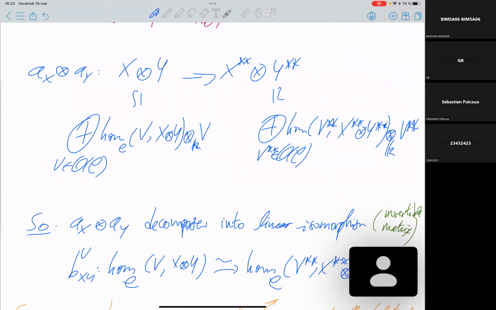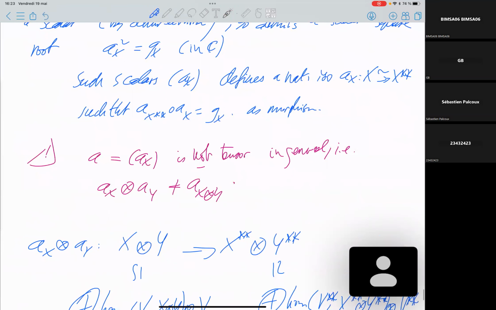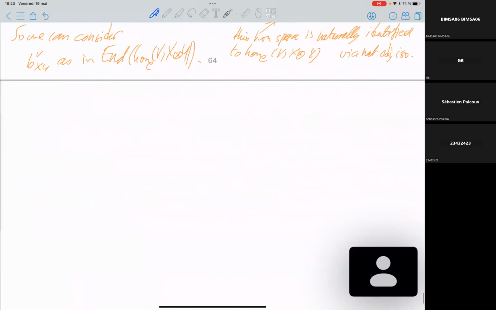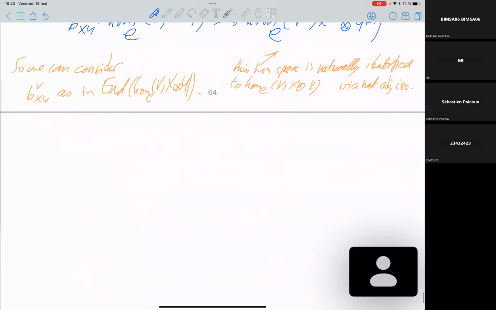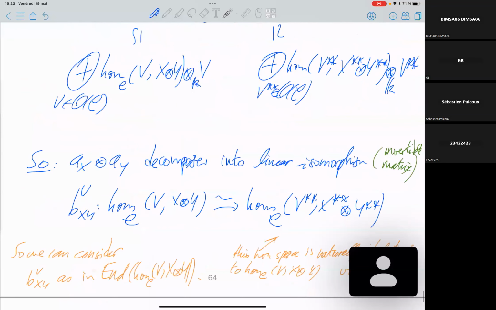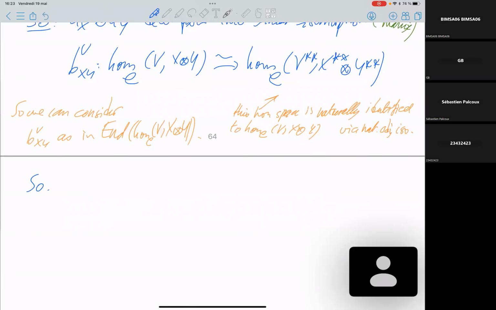Now, what's the difference with this? In fact, as I said, you have a_X tensor a_Y equal to the direct sum over V simple of this such matrix, not this one. I'm going too quickly.